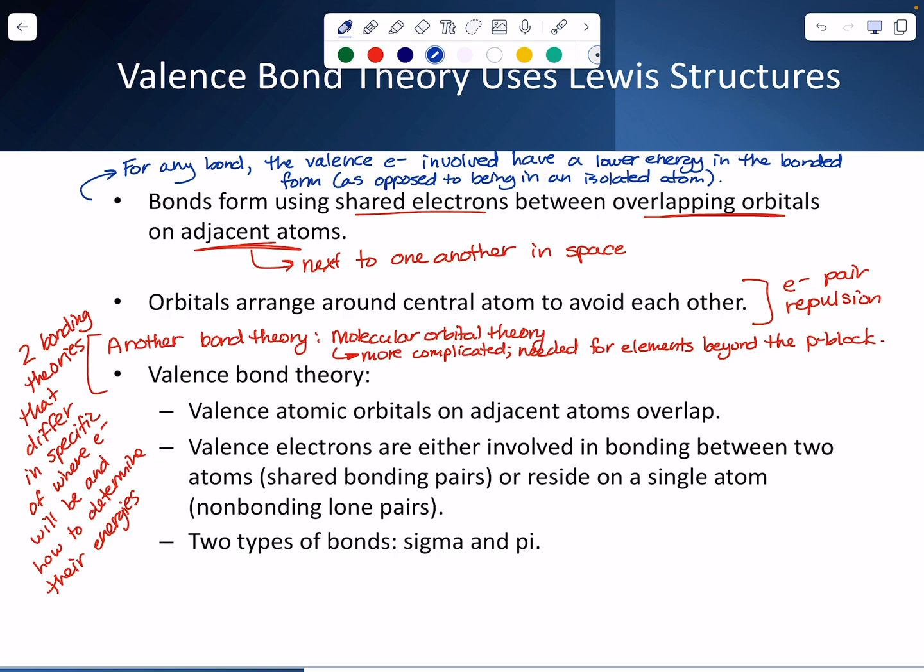So that's why bonds form, because by doing this, I can be at a lower energy.